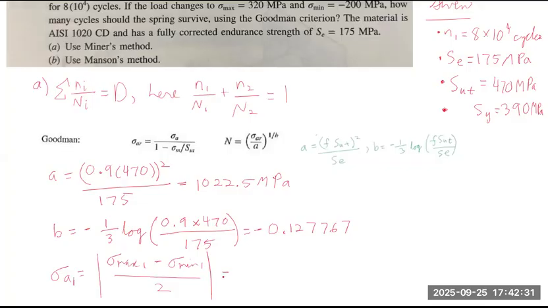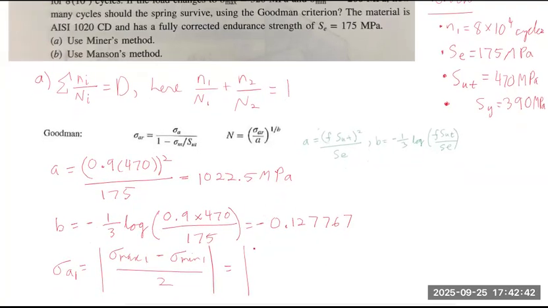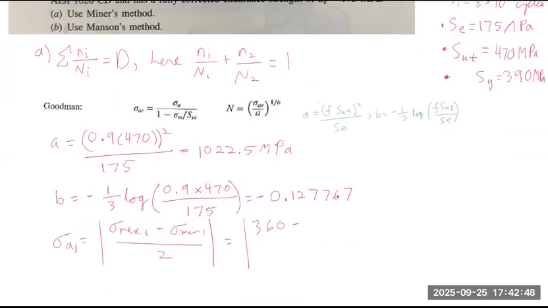And it's equal to the absolute value of sigma max 1, which is 360, minus sigma min 1, which is 160, divided by 2. And that is equal to 100 megapascals.